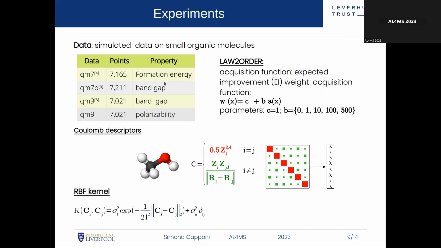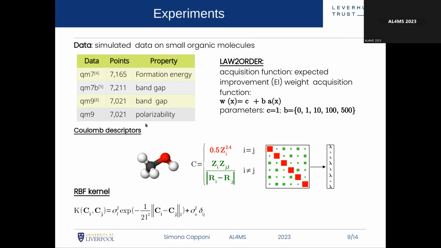So these are very famous datasets of organic molecules. And for each one, we choose a specific property. So we choose formation energy for QM7, band gap for QM7b. Then for the QM9, there are 14 properties. We choose the band gap and the polarizability.